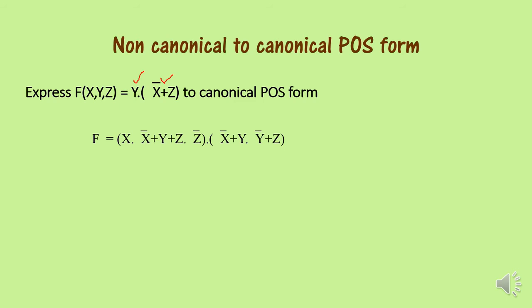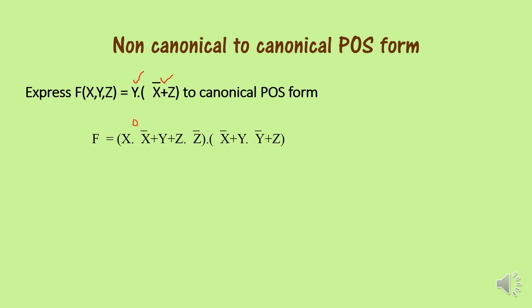in the other expression, y term is missing. When y is added by 0, we get y. So x dot x bar, we know that is equal to 0, plus y plus z dot z bar, also 0. So here x and z terms are missing. So here we write x dot x bar plus y, and z term is also missing. So here we write z dot z bar, which is equal to 0 also.